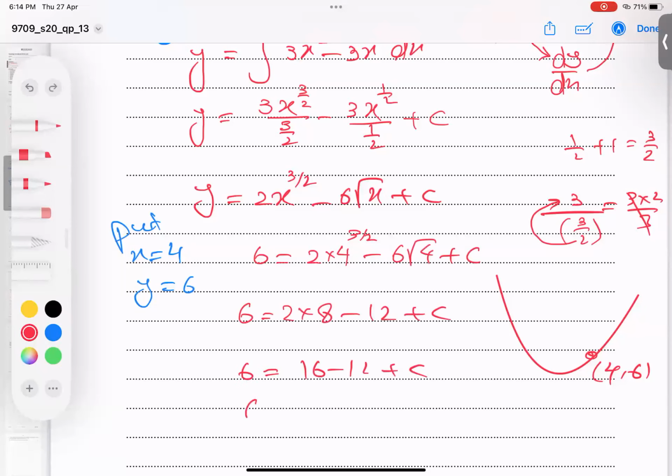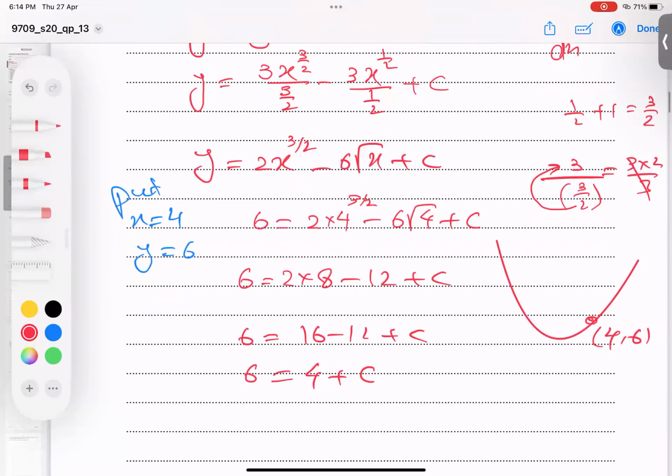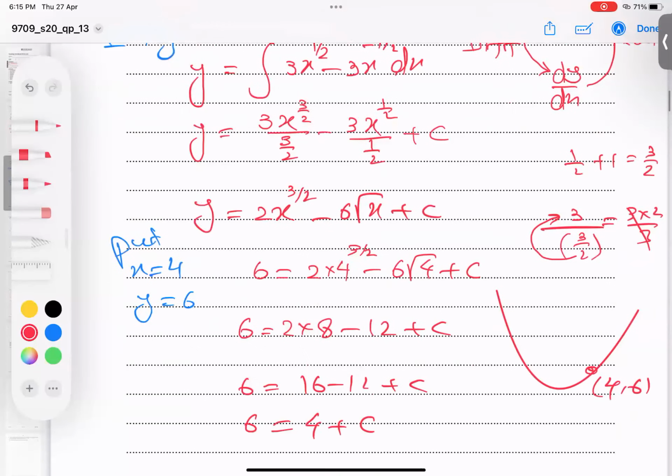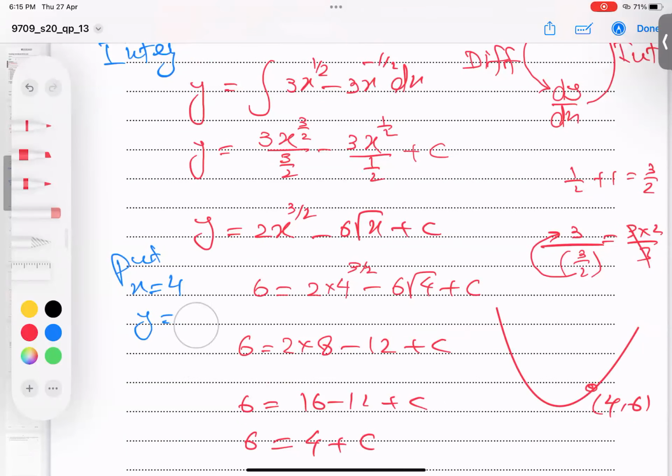This becomes 4 and 6 equals 4 plus, wait a minute, 16, 16, 16. I think there is some mistake. Let me check. Where is the mistake? I replaced the point, correct, 4, 7, sorry, not 6. Sorry, this is 7, not 6.